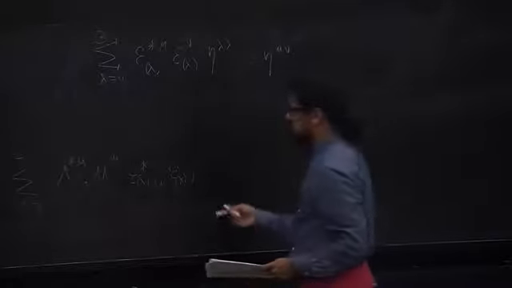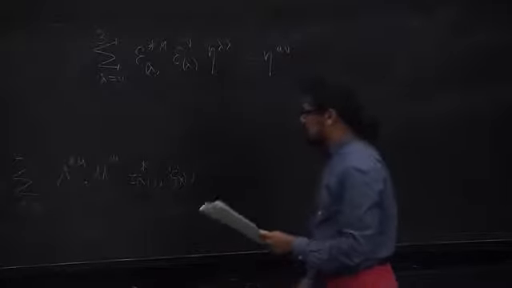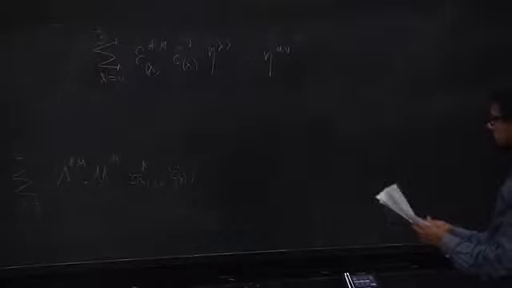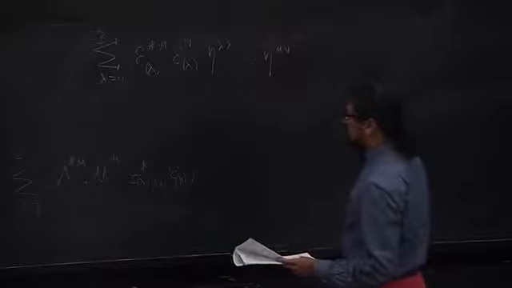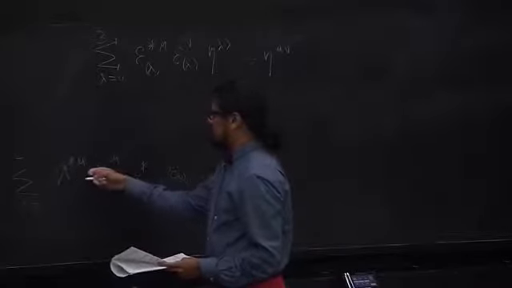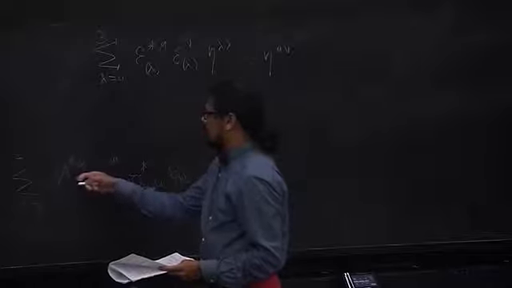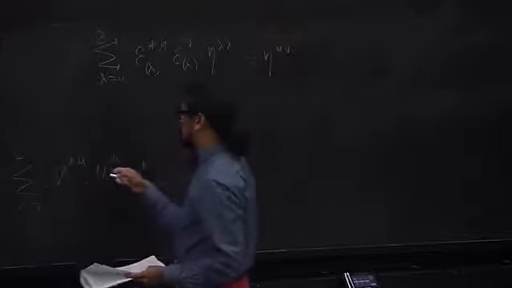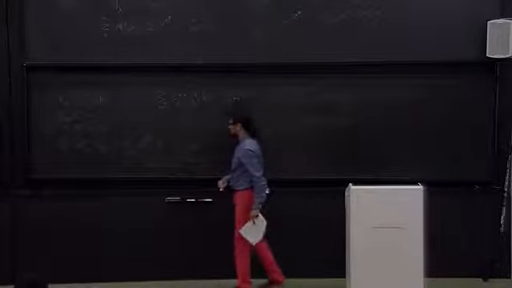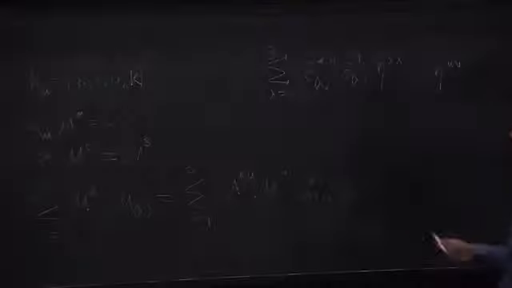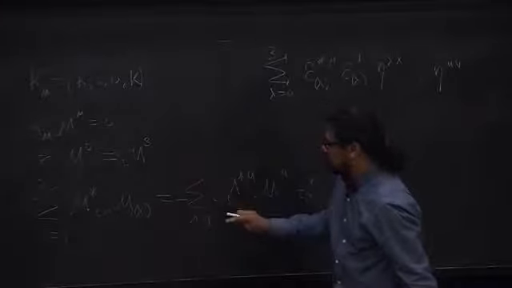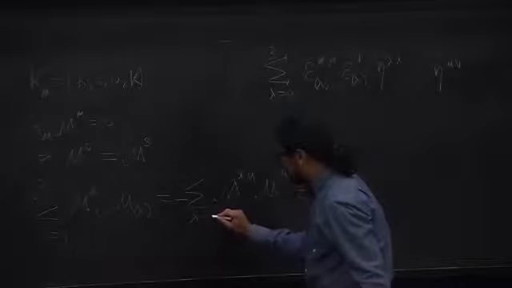So to introduce it here, we see that because the zeroth component, we can add the zeroth component and we can subtract the square of the third component. So if you do this, then this sum now goes from 0 to 3.